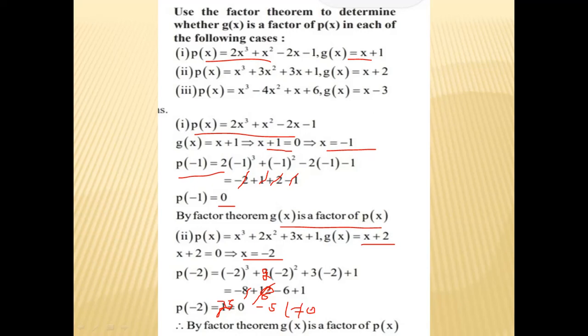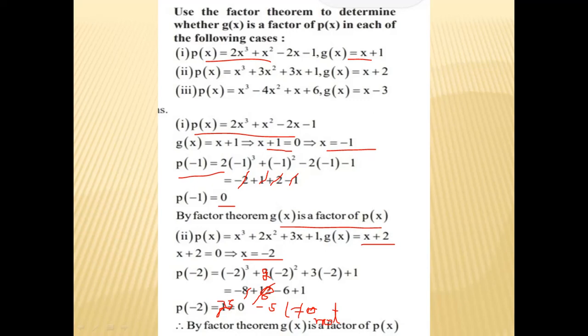Therefore the remainder is not 0. By factor theorem, g of x is not a factor of p of x.